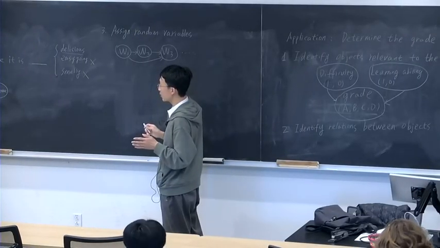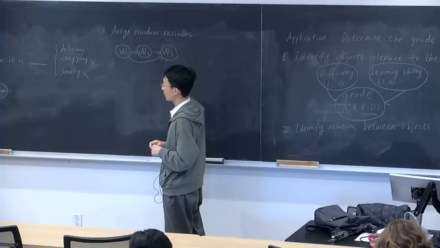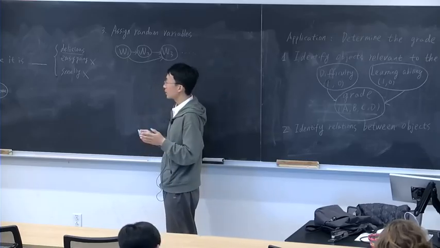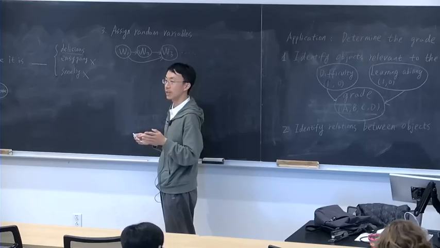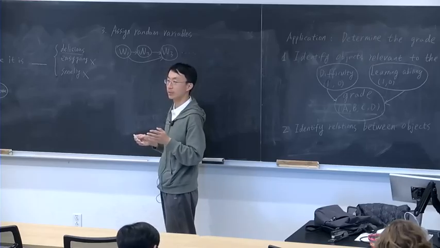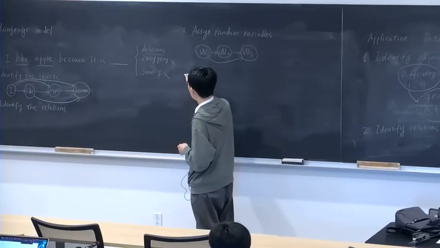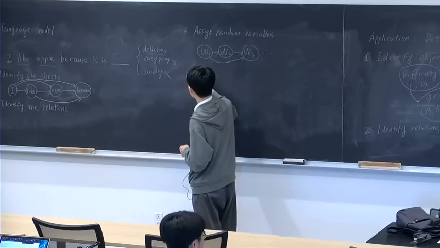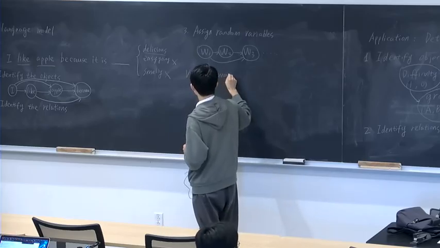Now let's look at this random variable. What kind of distribution can we choose to model a word? A word is basically one of the choices among the entire dictionary, the entire vocabulary. Suppose in our vocabulary we have 10,000 unique words.